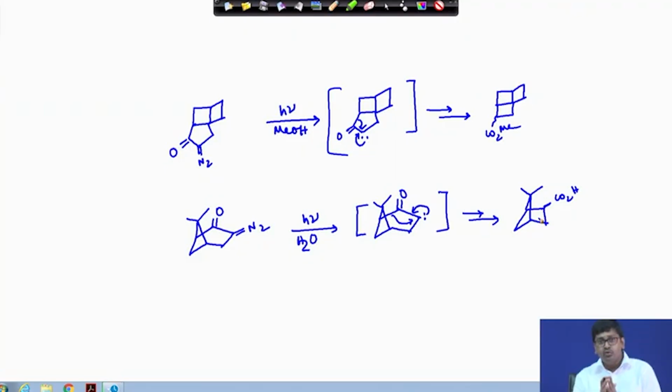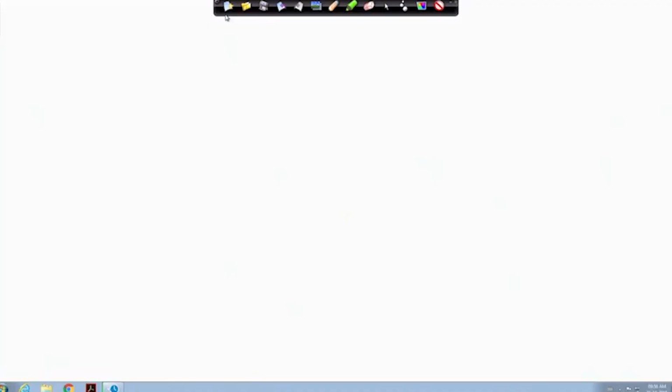Now, one of the most important synthetic applications of this Wolff rearrangement, we will see that. What is that? If we consider this Wolff rearrangement, we start from this alpha diazoketone, which converts into the corresponding ketene, and different types of nucleophiles attack.